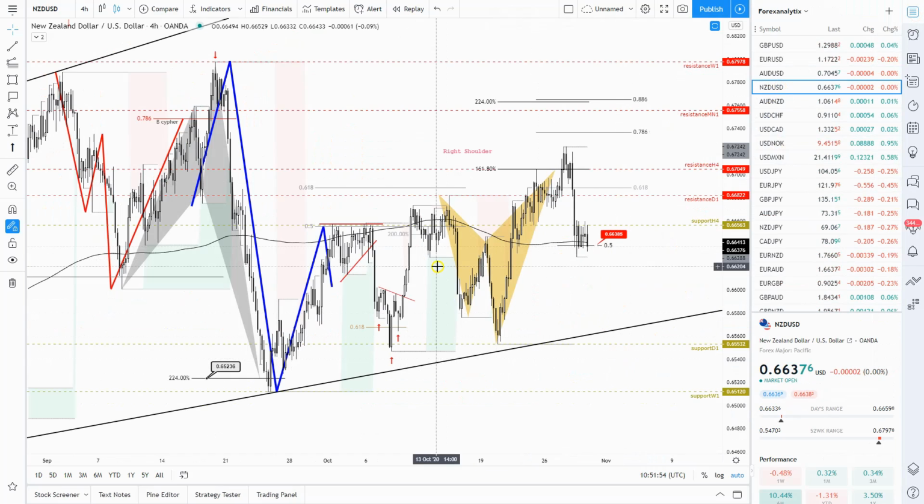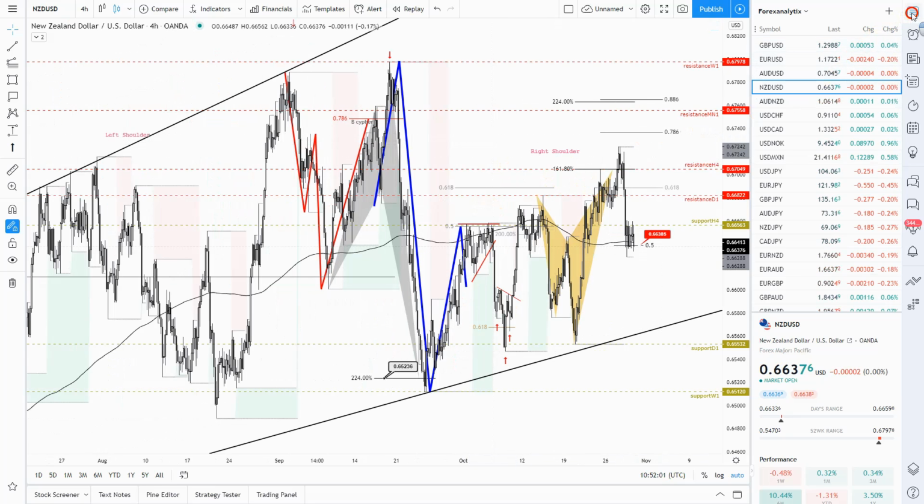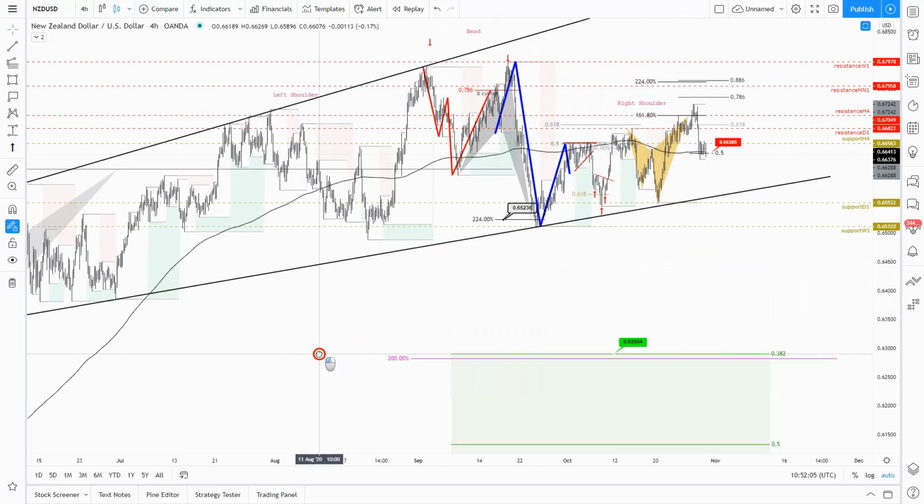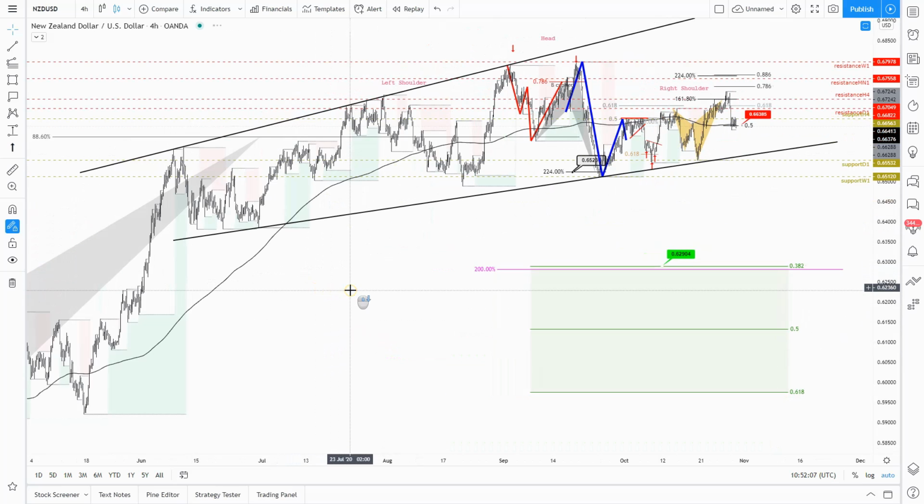The Kiwi projected as a bearish shark pattern at 168 extension and as a potential edging, actually the right shoulder. The pattern is not formed yet. We need validation for that edging shoulders.